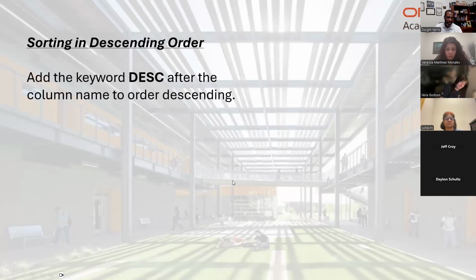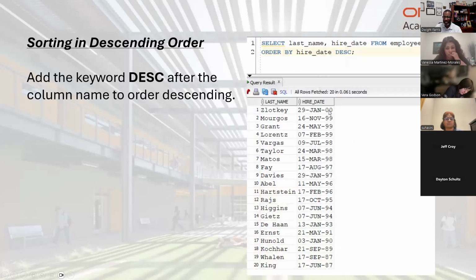So if we add the keyword DESC, remember with dates, it's going to start with the latest date and list down to the earliest date. Of course, maybe someday I'll update the values and the dates in that schema.